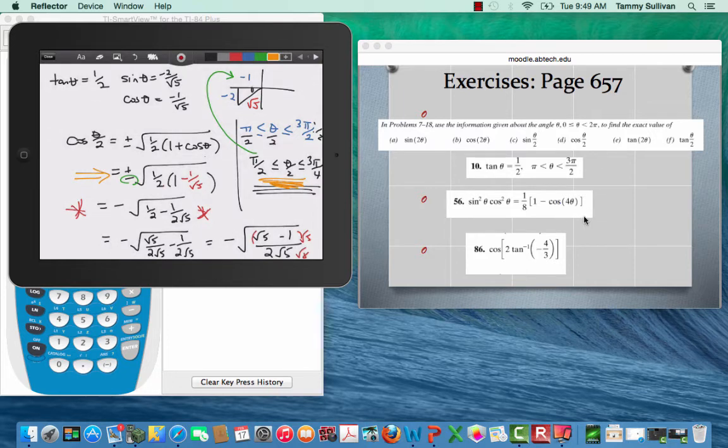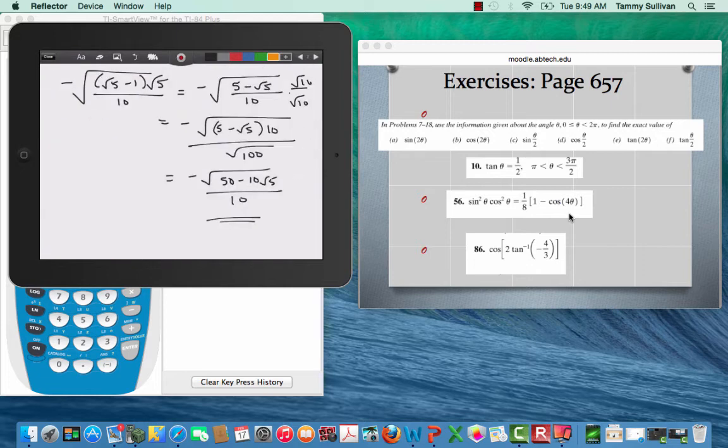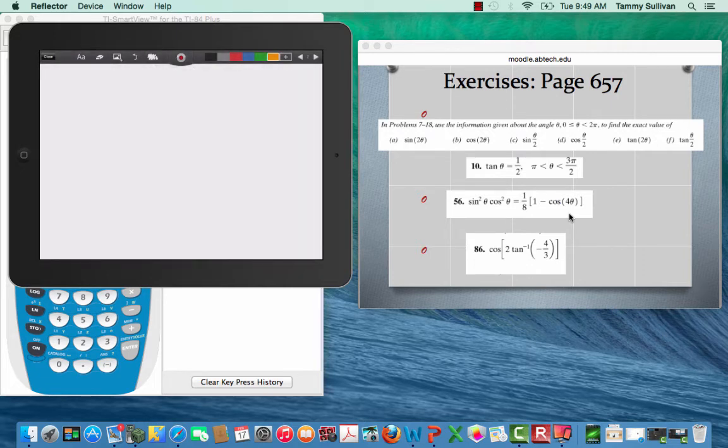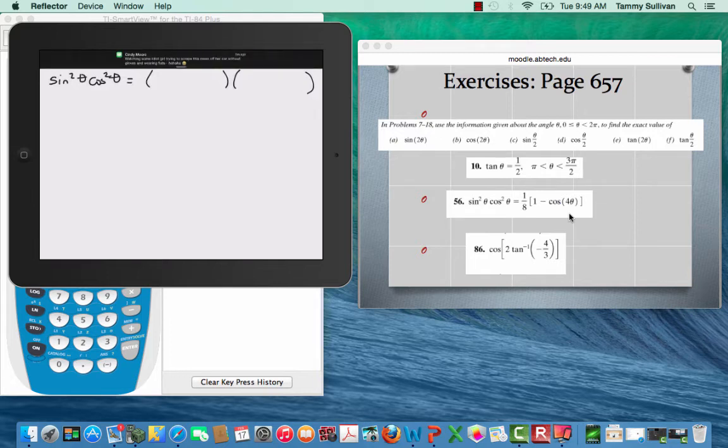Now the next one, 56, they want me to establish this identity. So they want me to show that the sine squared theta times the cosine squared theta equals that other side. So the first thing I'm noticing is I could use the two half angle identities.